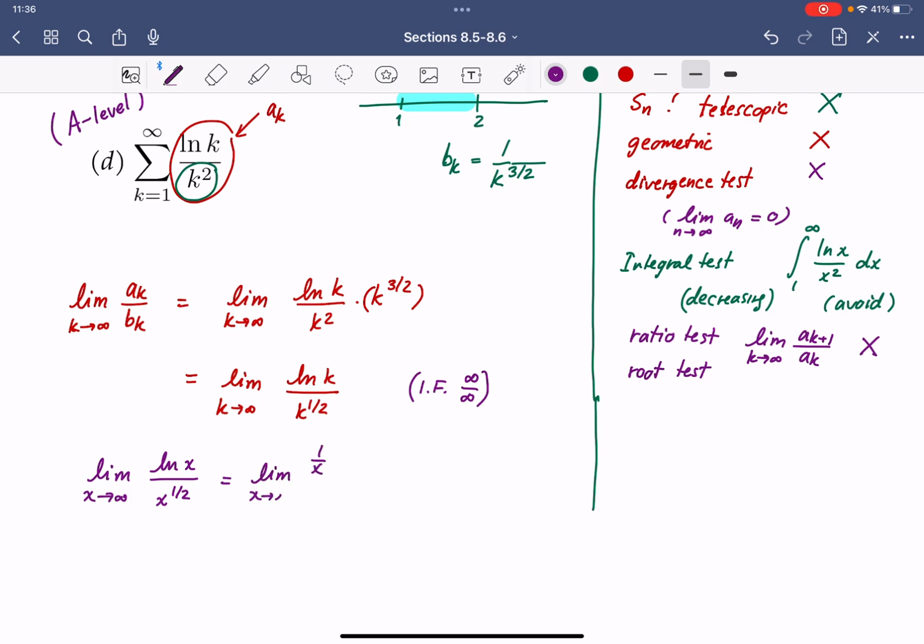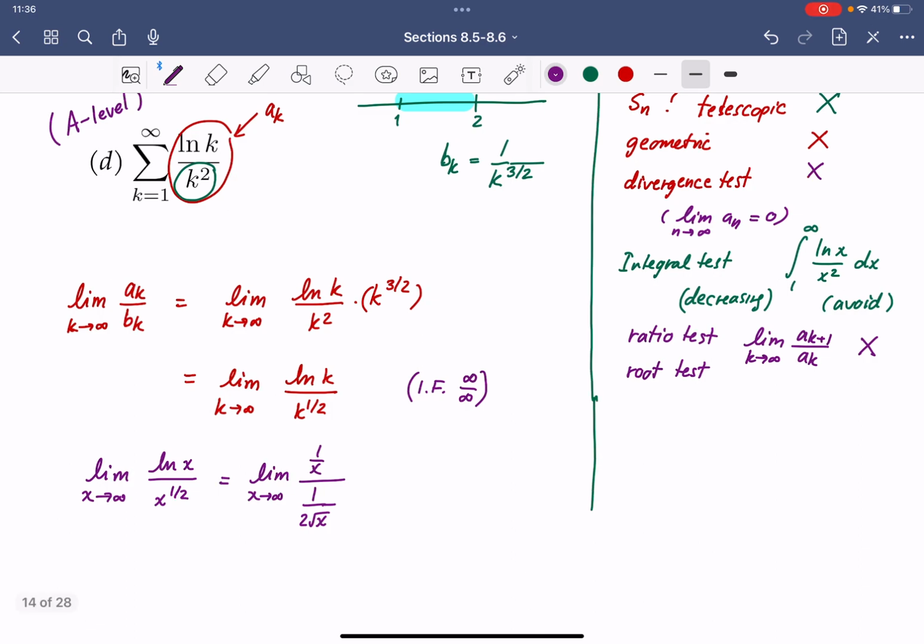You differentiate x to the 1/2, so you get 1 over 2 square root x. It is the limit of 2 square root x over x, right? It is actually the limit of 2 over square root x.